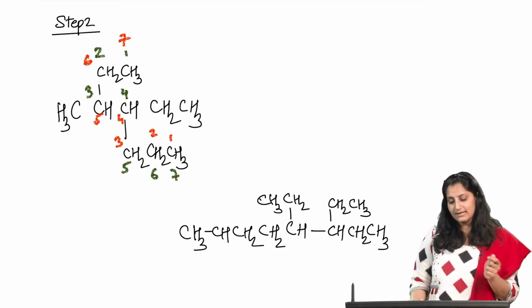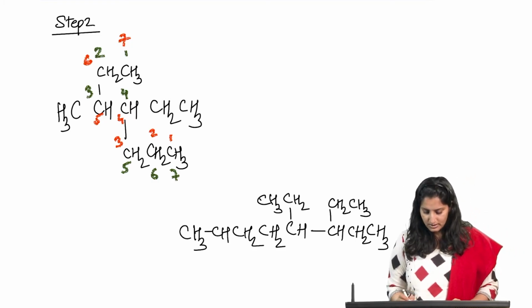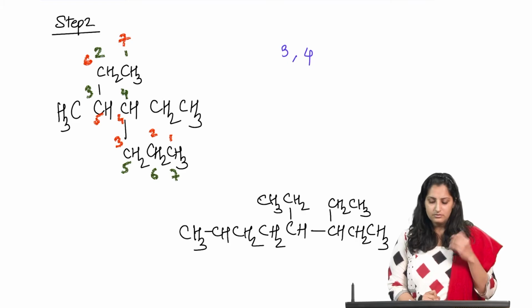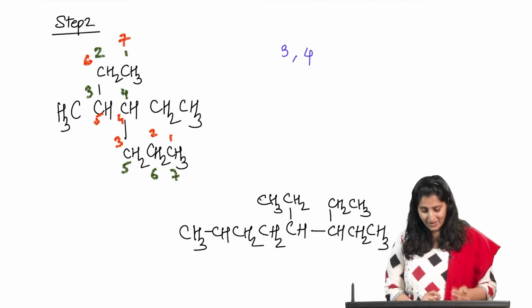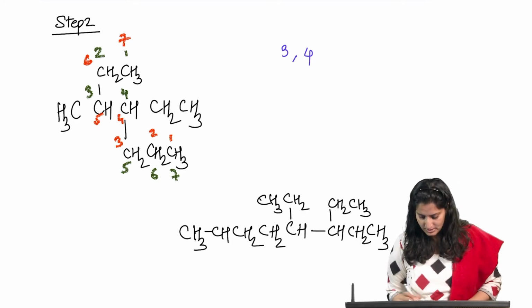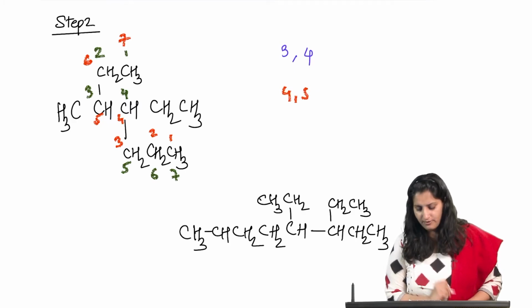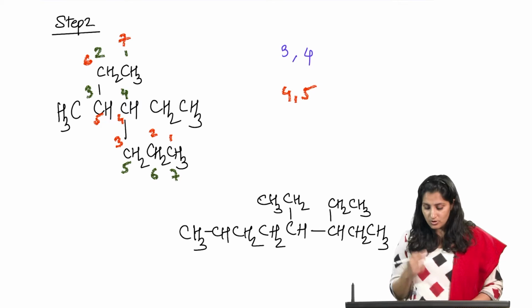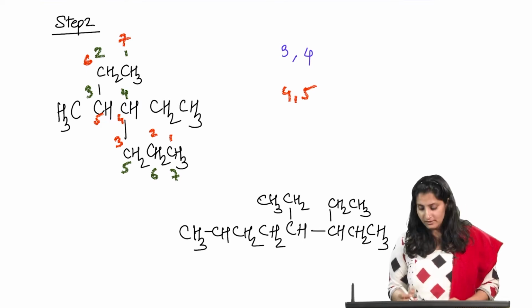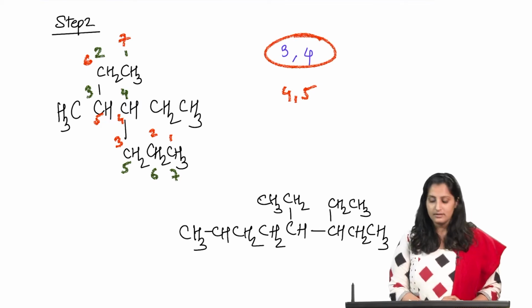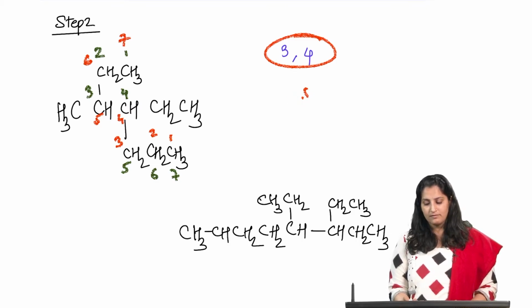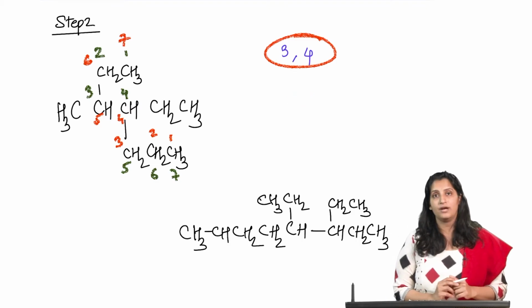Now, if I use the lettering in green, what you will see is that it has substituents at position 3 and 4, whereas if I use the lettering in red, it has substituents at 4 and 5. Now, remember we want it at the lowest possible number. So, the numbering in green will be better such that I have substituents at 3 and 4 and I can discard the numbering with the substituents at 4 and 5.